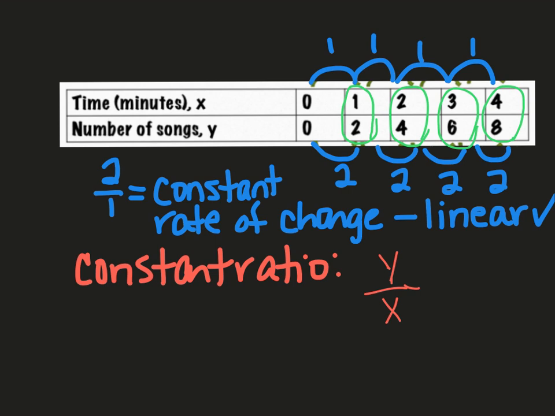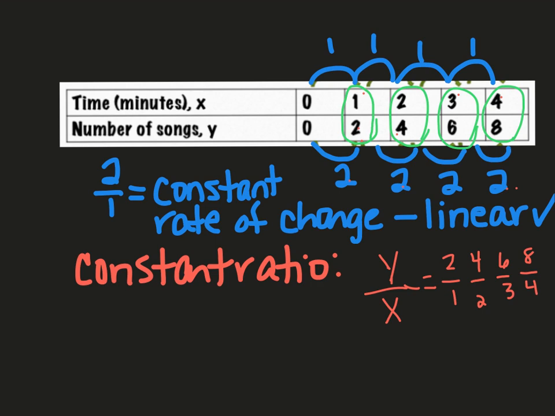So what are your y's doing when you put them over x? And you have to look at all of them. So this is where you're looking at the actual numbers or pieces of data. And I could tell by some of your work yesterday you weren't putting the rate of change in the fractions. You were putting this actual data into fractions. And so you were figuring out, even though you didn't know it, whether or not it was a proportional relationship.